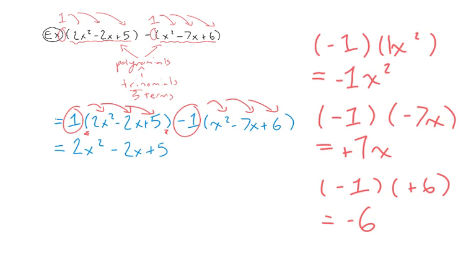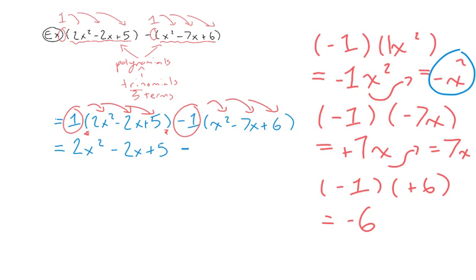Let's look back at our answers. Normally, you would want to remove this 1 as it would be considered redundant, so that would be −x². And again, over here, normally you would want to remove that positive sign, which would just leave 7x. Let's take these terms and place them back over here.